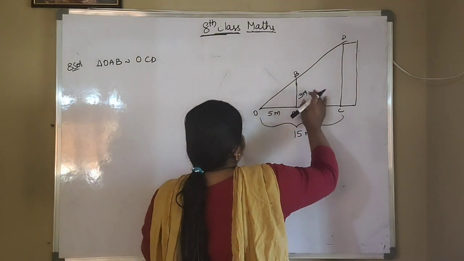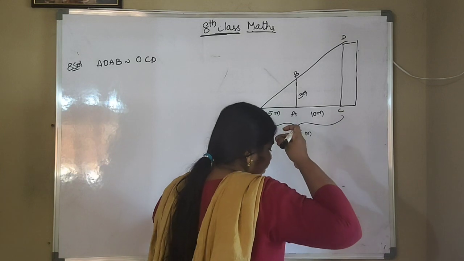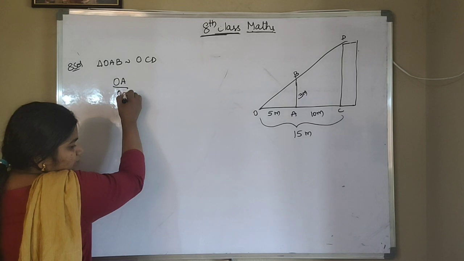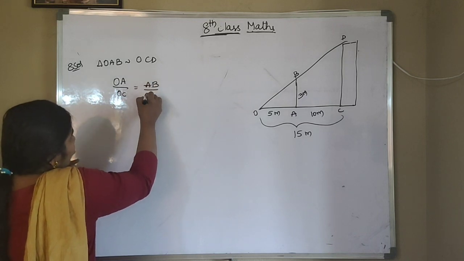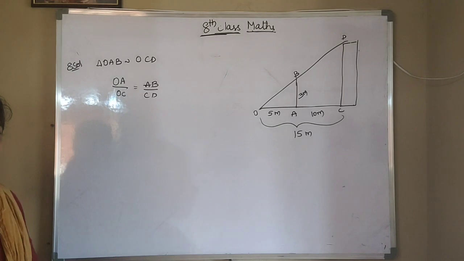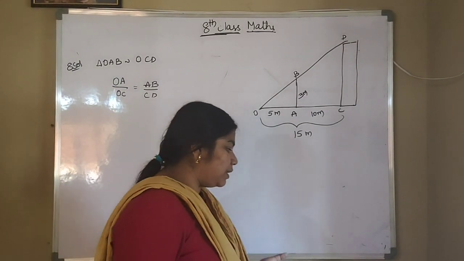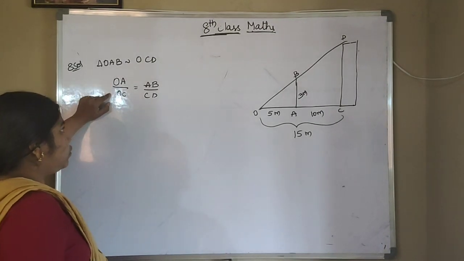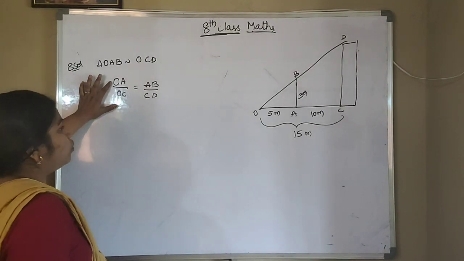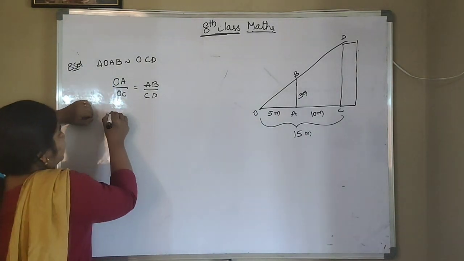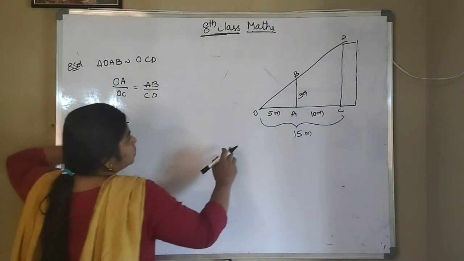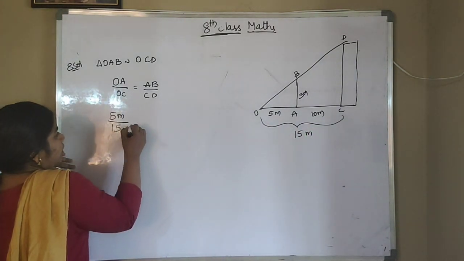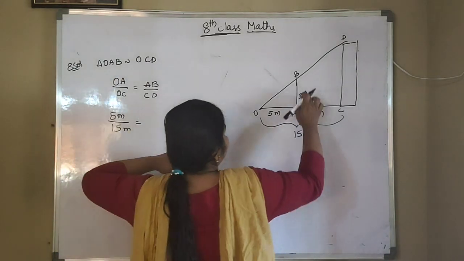So OA by OC is equal to AB by CD. I have already told you about this corresponding side similarity. So what is OA? OA is 5 meters. And what is OC? The distance from here to here, that will be 15, is equal to AB. What is the AB value? 3.